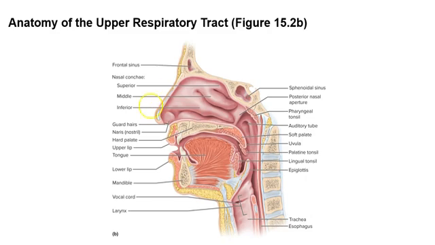Now, the nasal cavity has a superior surface that's created by bones of the skull, but the inferior surface of the nasal cavity, you will see, is created by the palate. So we have a hard palate on the anterior side, which is made of bone, and then as you travel towards the posterior side, the hard palate gets converted into the soft palate, which is made of a softer form of connective tissue.